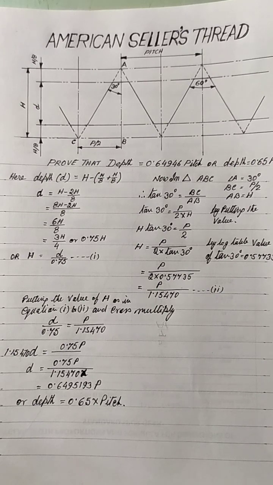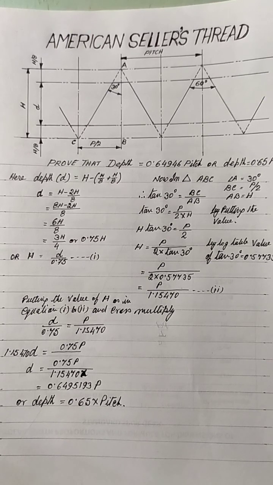There are different types of threads we use in engineering industries, but at present we only use Metric thread, what I am discussing now, American sailor's thread or Metric thread. Initially, a number of threads were invented by different engineers and experts on their own. But now, internationally accepted threads are BSW, BSF, BSP, and Metric threads.